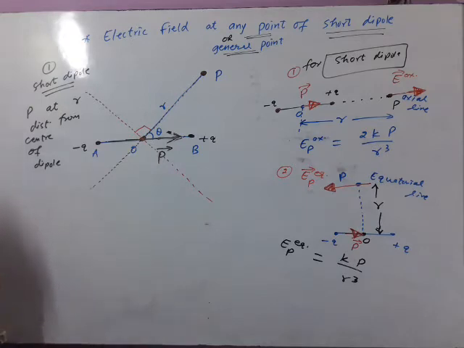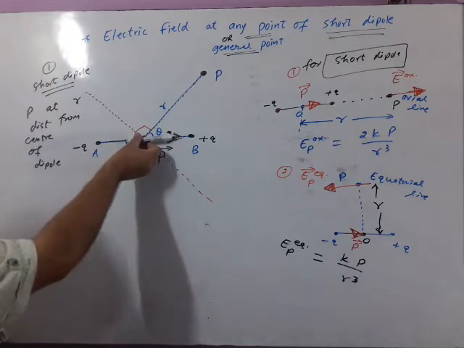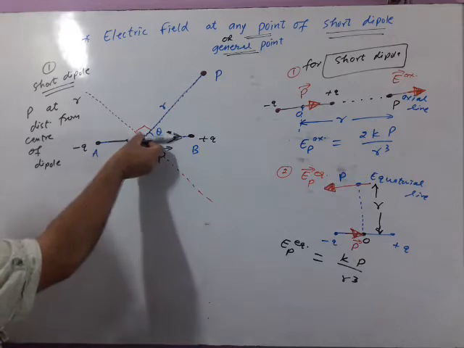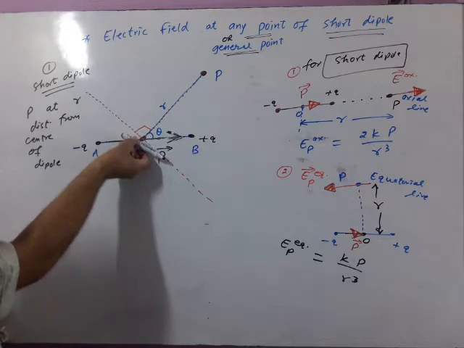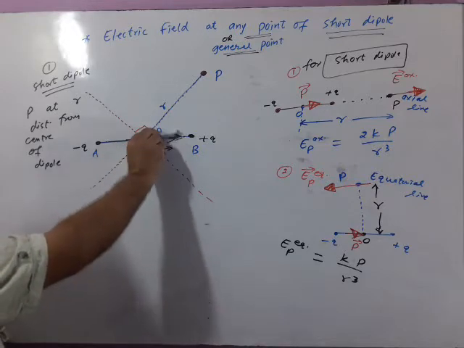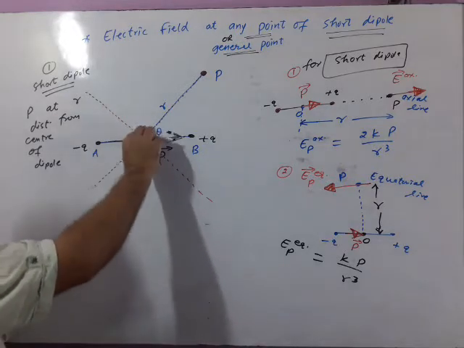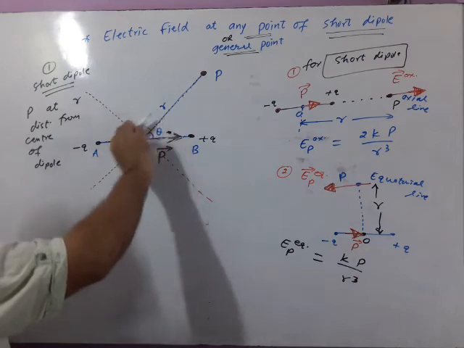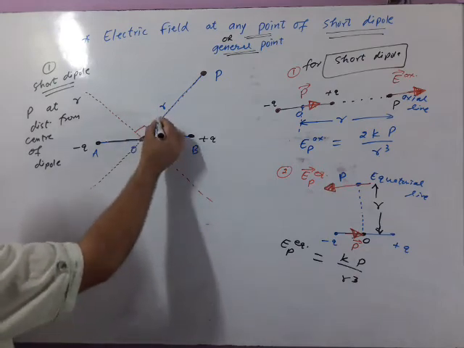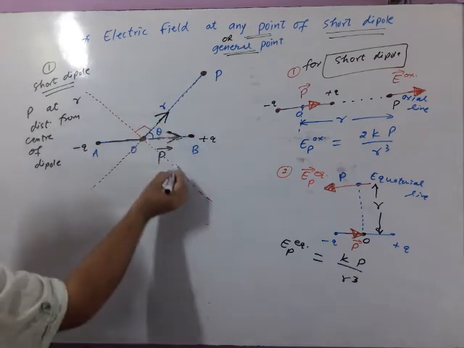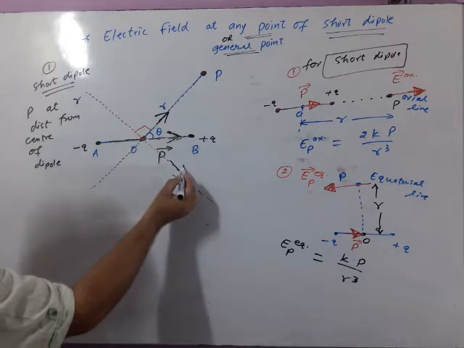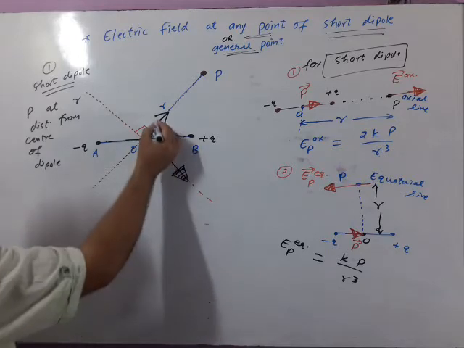Now resolve this p vector, the given dipole moment vector, into two components. First and second. See, any vector has two components, left side, right side. Keep attention on the direction. Focus on direction. So this is one direction and this is another direction. Focus. I am making it like this.